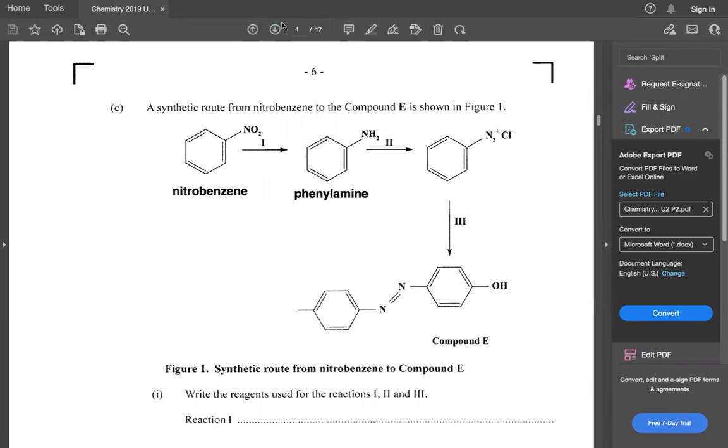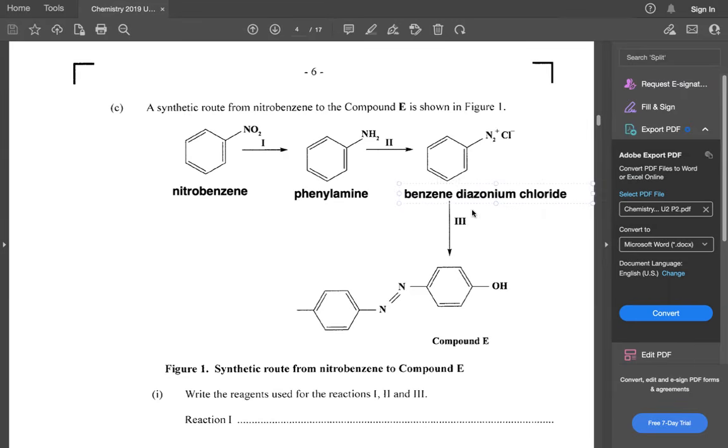This here is our benzene diazonium chloride. So that's what we call that. It's a diazonium salt, right? It is polar. It has a chlorine and that N2 plus. And then finally, what we're going to get is compound E, right?